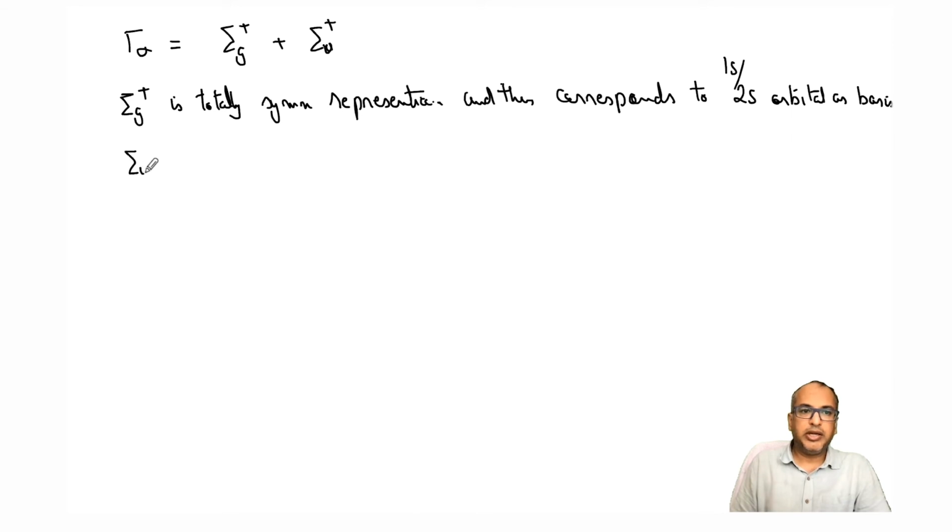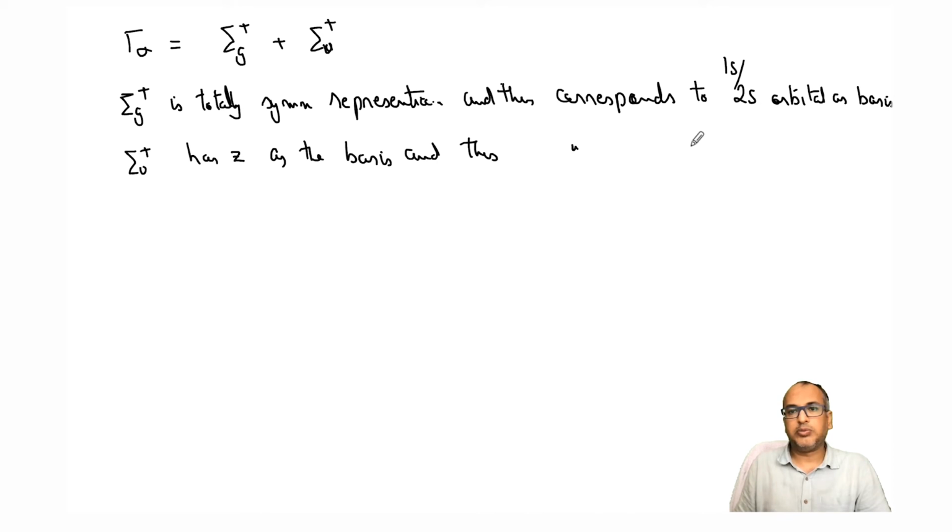Similarly, sigma U plus has, this information is again from the character table, Z as the basis and thus corresponds to the 2pz orbital as basis. So now we know that the 2s orbital of beryllium and the 2pz orbital of beryllium are forming the basis for tau sigma.